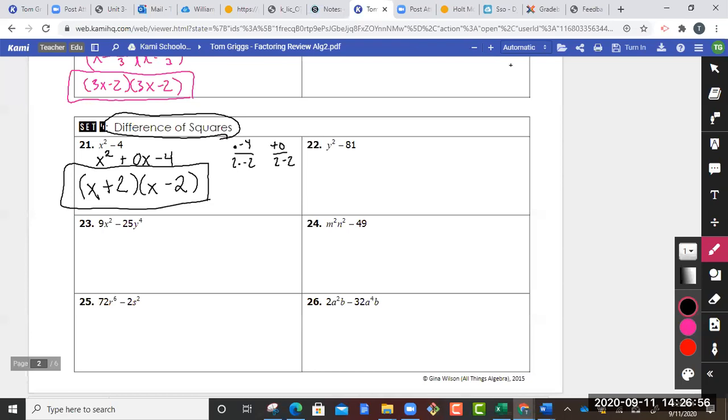So if we take that method to a harder looking problem like, I don't know, 24, that is a difference of perfect squares because if you take the square root of m squared n squared, what's the square root of m squared n squared? Just mn.